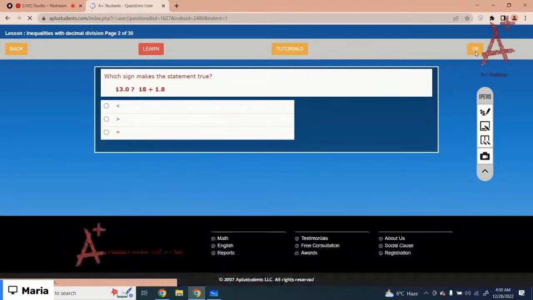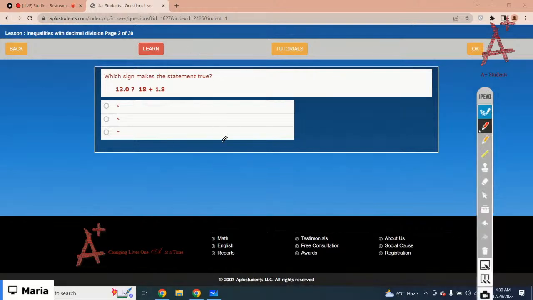Okay, the next one is 13.0 and 18 divided by 1.8. So the divisor has a decimal point. Got it? That means you have to move decimal point. It would be then 13 and 18 divided by 1.8 is 10.